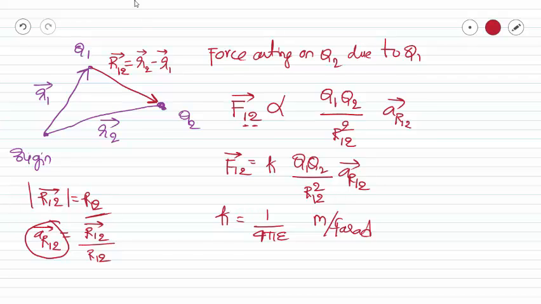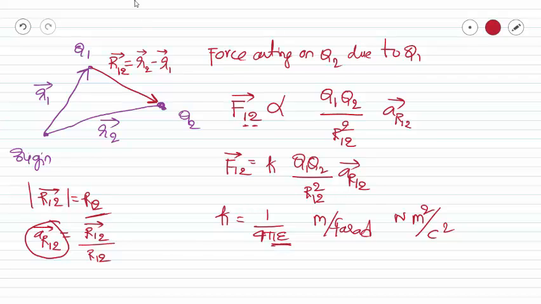I can also write it as Newton meter square per Coulomb square. So these are the units of the proportionality constant k.